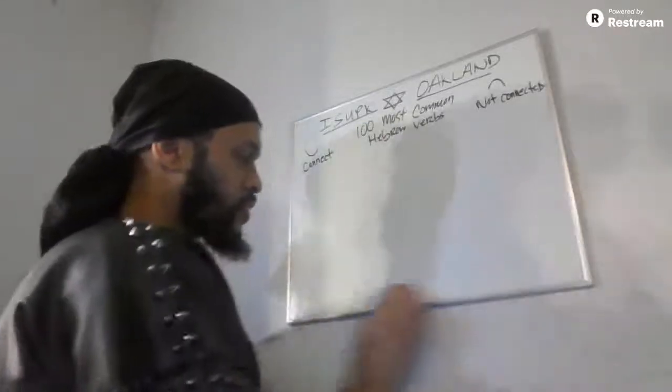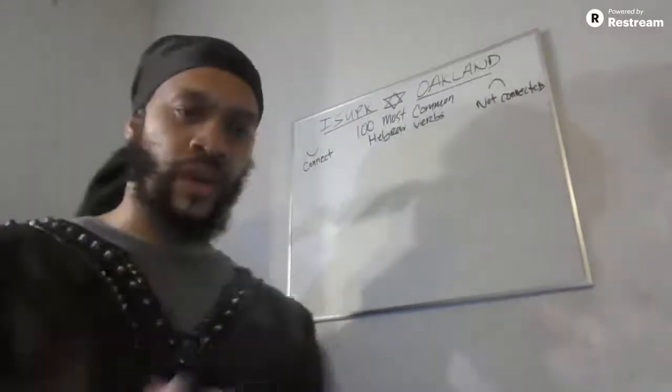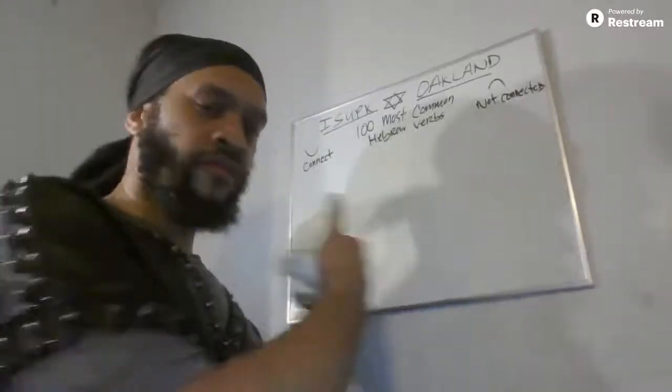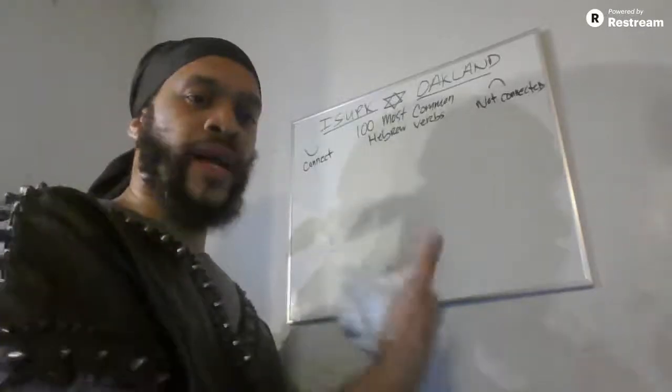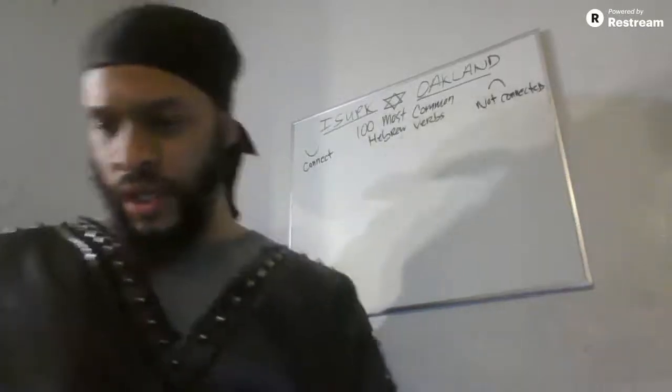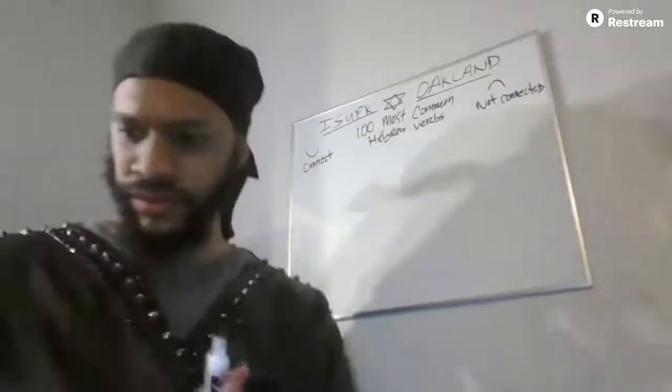So in a later lesson, when we go over tenses, you can take any one of these words that we write down and fill in the blank that I'm going to have set up for you, and then you'll know how to conjugate that specific word based on future, present, and past tense.